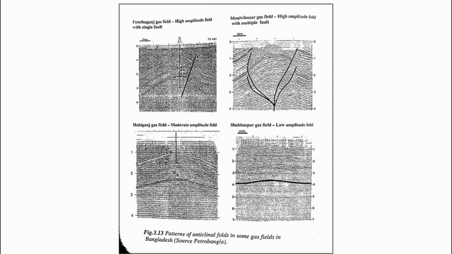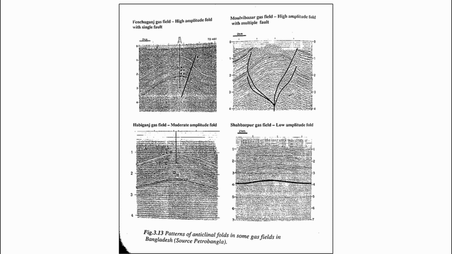There are 4 pictures which show the patterns of anticlinal folds in some of the gas fields in Bangladesh. In the upper left figure, which shows Fenchuganj gas field, it has a high amplitude fault with a single fold. In the upper right corner, you can see in the Moulvibazar gas field there is a high amplitude fault with multiple folds.